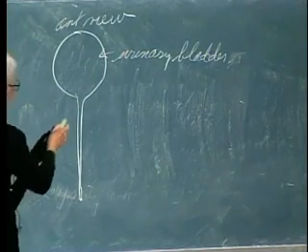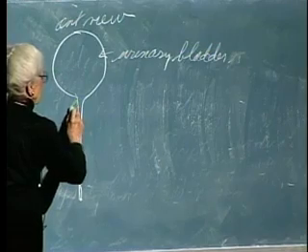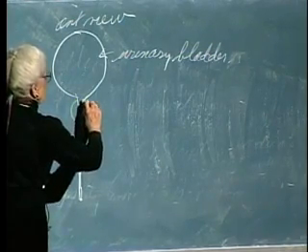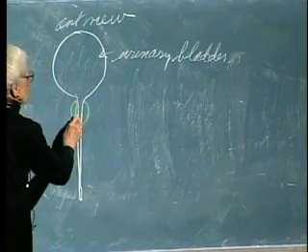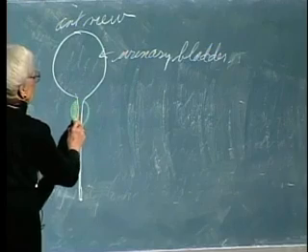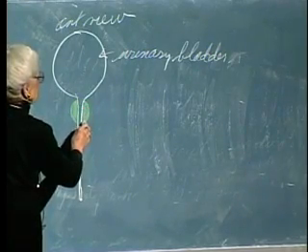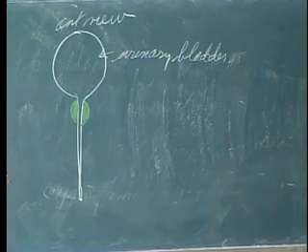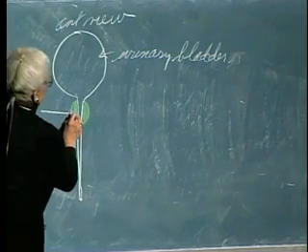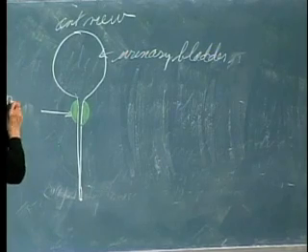Let's begin with the prostate gland. We'll discuss these in greater detail when we do the male reproductive system. Right now we're just trying to get urine out of the body. So this is the prostate gland.